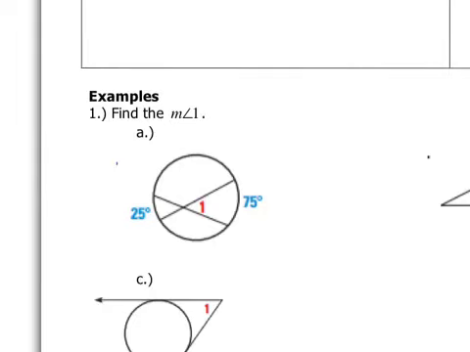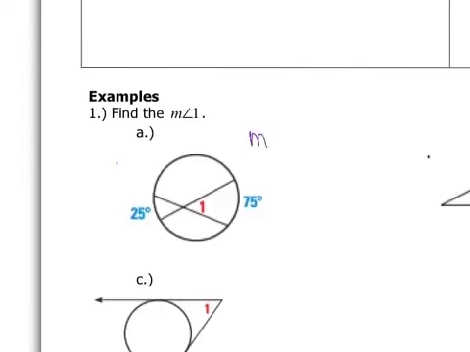So looking at example 1, this is pretty straightforward. We are looking for the measure of angle 1. Notice we are given the measure of that angle's intercepted arc as well as its vertical angle's intercepted arc.